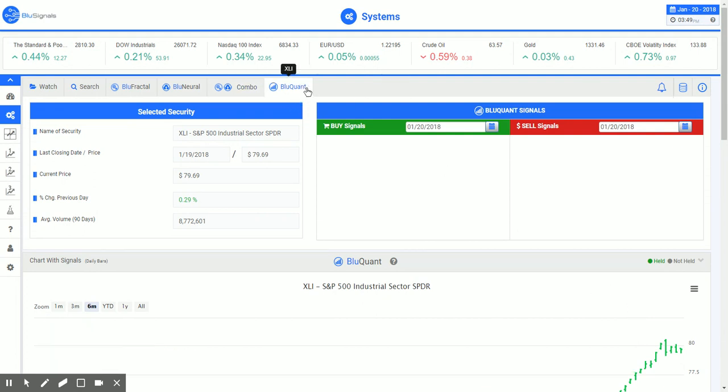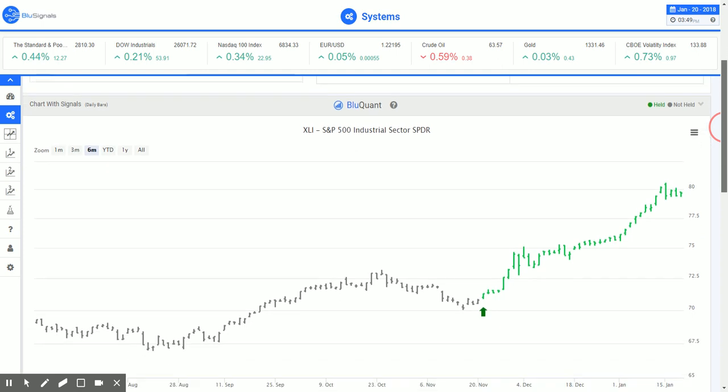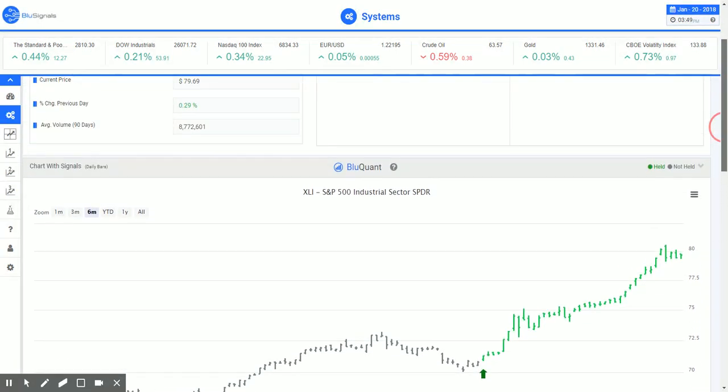So BluQuant can deliver tremendous value in a number of ways for any user of this particular system.